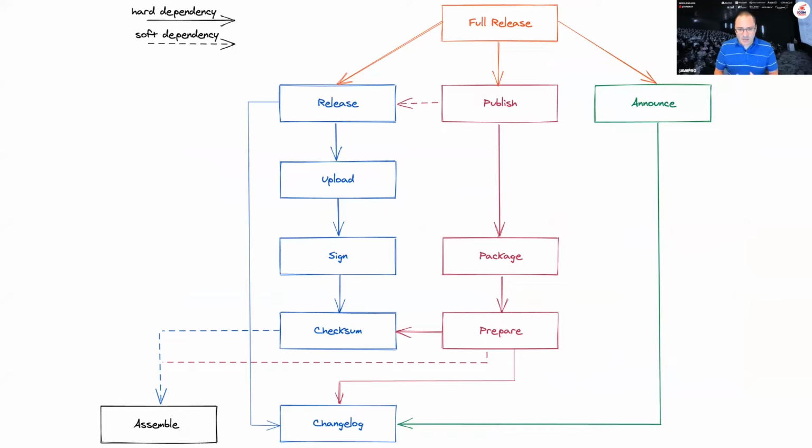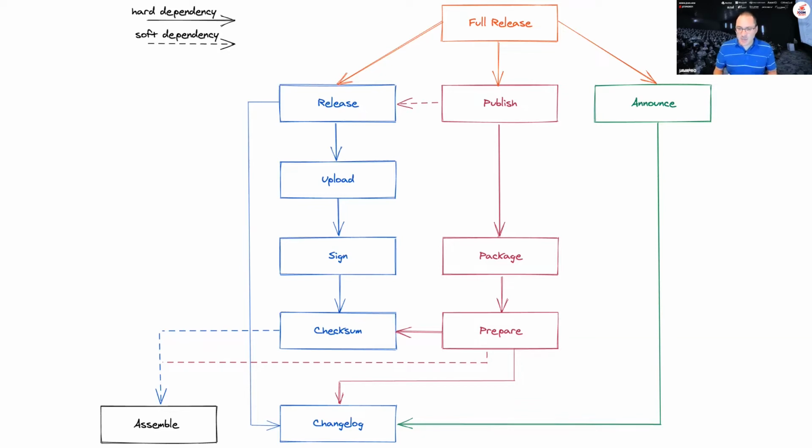GoReleaser works like a monolith. It's one command that does everything. And whether you want everything or not, that's beside the point. It will do everything for you. Whereas JReleaser gives you the option to also do everything in one go, or be more specific about certain aspects of the release. So if you only care about doing a Git release and nothing more, then you can invoke the release command, and that will in turn invoke every other command that you see there in the blue column.